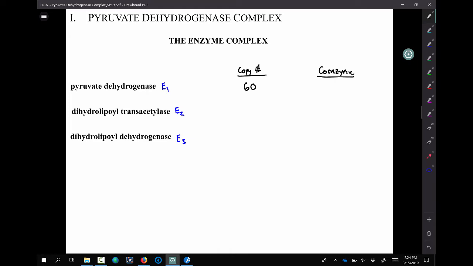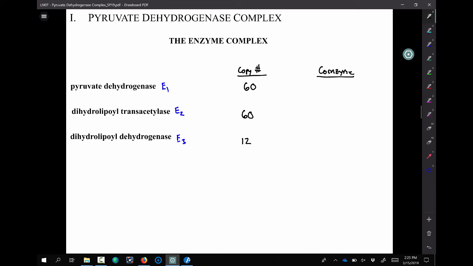That's a large number of subunits. Furthermore, they have 60 copies of the transacetylase. Now we're at 120 subunits in a single enzyme. And then finally, and this is strange, there's 12 of these. But those are trimers, so there's actually more than that. But anyway, there's 12 of those. So a total of 132 subunits.